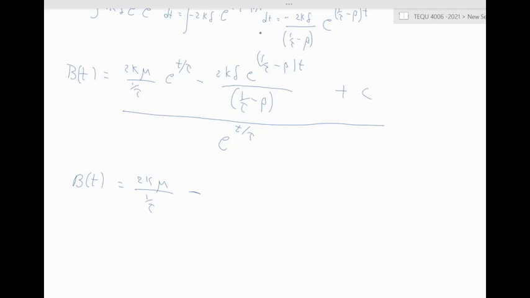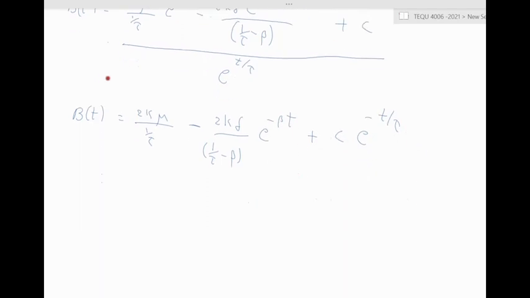Just subtract those exponents on there. So that would be 2k delta over 1 over tau minus beta, and e to the minus beta t. See, the 1 over tau disappears. Plus c, and that c has to be over e to the t over tau. That will end up being negative at the exponent.